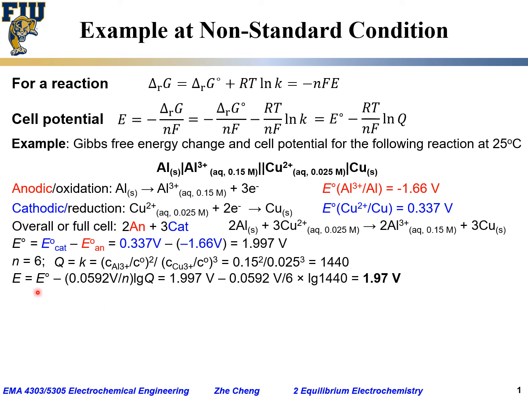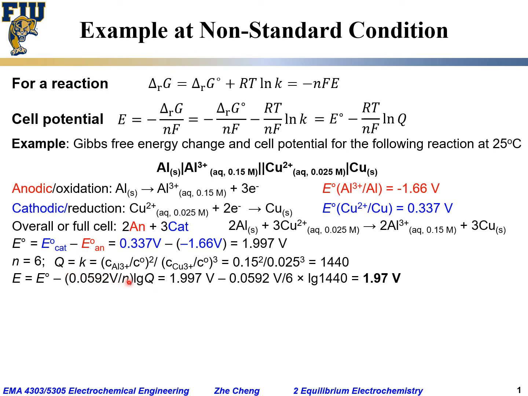So then, from the Nernst equation, the actual cell potential would be the standard cell potential minus, at 25 degrees C and 1 atmosphere, 0.0592 volt divided by n, the number of electrons transferred per progression, times the log with a base of 10 of the reaction quotient.